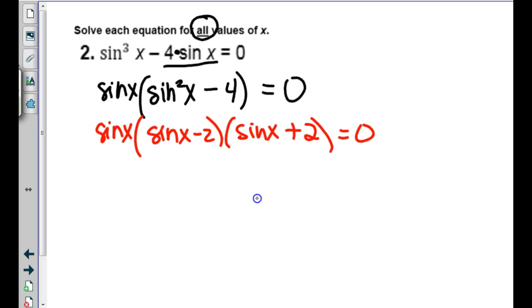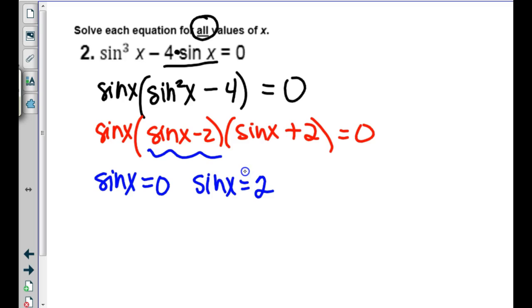Now, this is not going to be as complicated as it looks. Because I say the sine could equal 0. If I set this equal to 0, I'll end up with the sine equals 2 when I add the 2 over to the other side. What would I have here if I set that equal to 0? Why did I just say this is going to be easier than we first talked about?